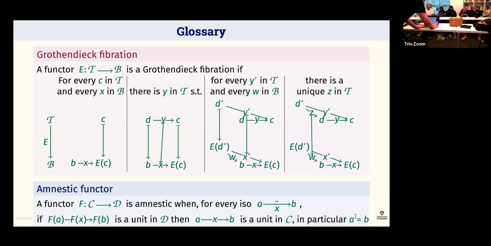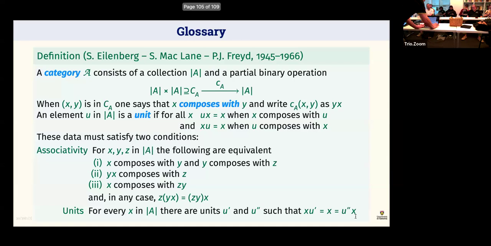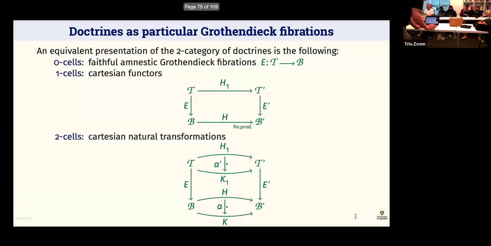So let's see if I can jump back. And so, I was saying, the base category B, now there is no op anymore. The base category B is the same.